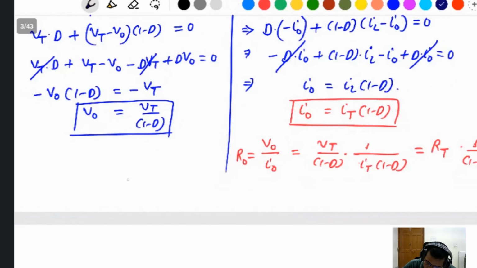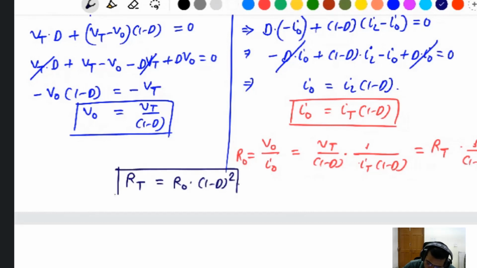Then you will get RT is equal to R naught into (1 minus D) square. This is the input resistance of the converter.